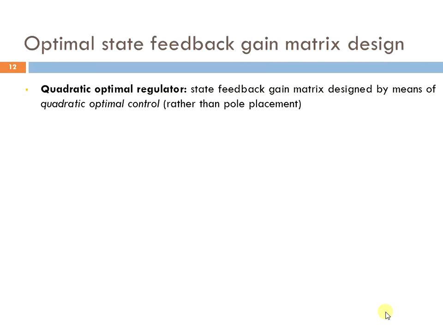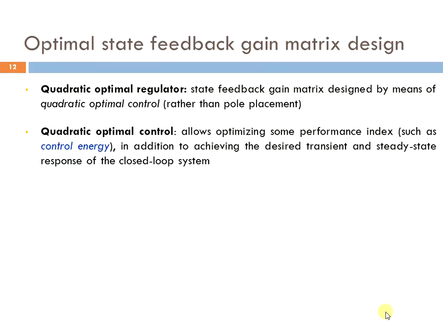In this case, in taking the approach of the quadratic optimal control, the basis for designing the state feedback controller is to optimize some performance index in addition to achieving the desired transient and steady state response characteristics. So one important consideration in a controller design is the amount of control energy that is going to be expended in implementing our controller.